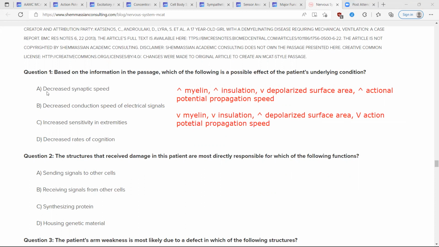So now we look at our answers. A, decreased synaptic speed. B, decreased conduction speed of electrical signals. C, increased sensitivity in extremities. D, decreased rates of cognition. Which of these seems to be the most relevant?